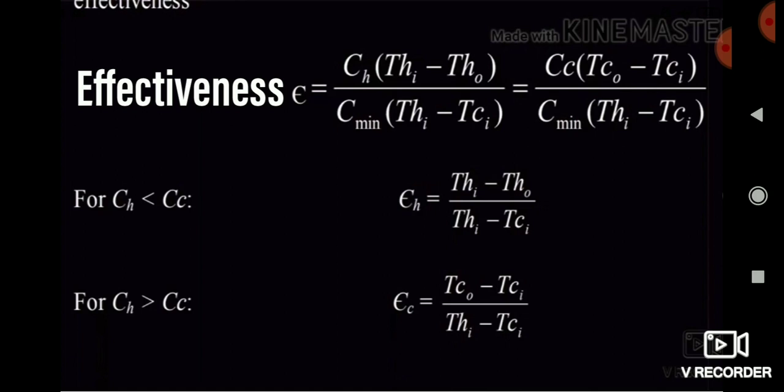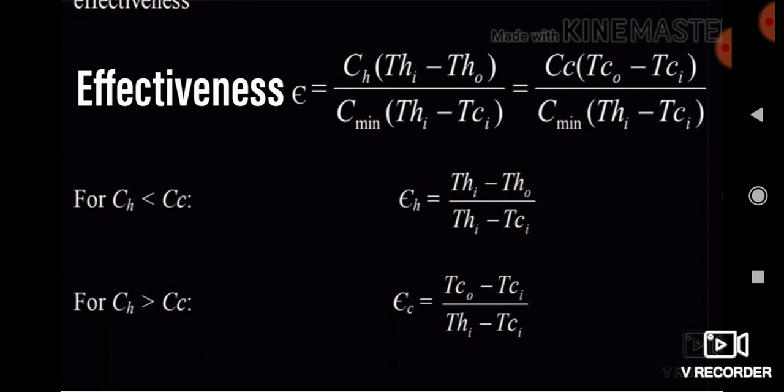But coming to the temperature difference, friends, THO, THI, TCO, TCI, you have to remember that in the denominator you always put the THI and TCI values, meaning THI minus TCI.